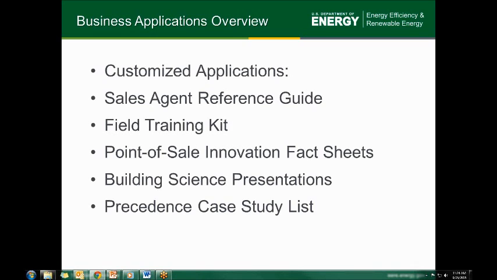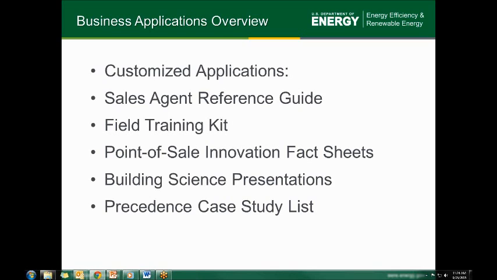So I will be going through 5 different customized applications for the Solution Center. We have a new tool called the Sales Tool, and I'm going to show you how to create your own custom sales agent reference guides. I'll be showing you how to create field kits and save all of your content to specific folders.